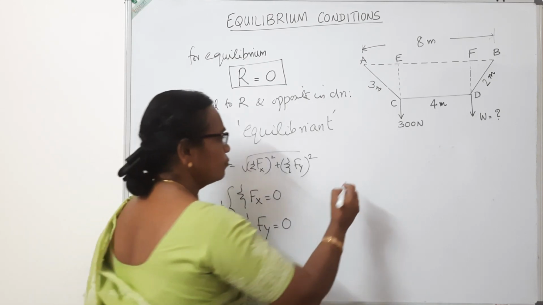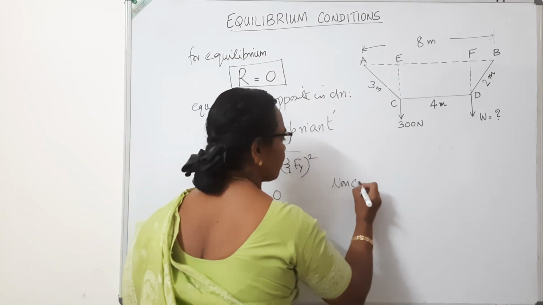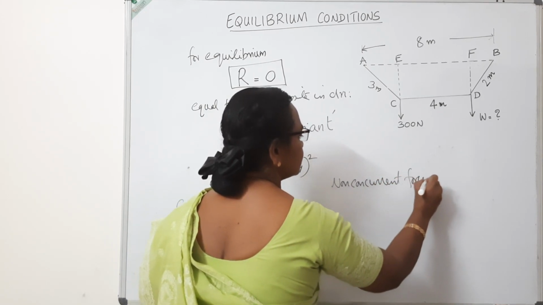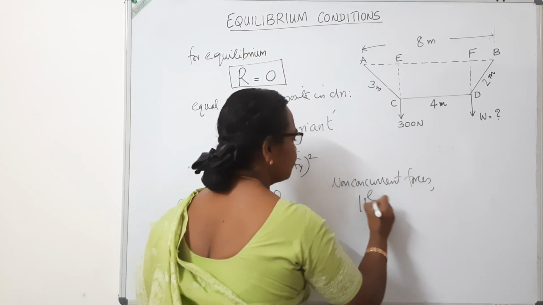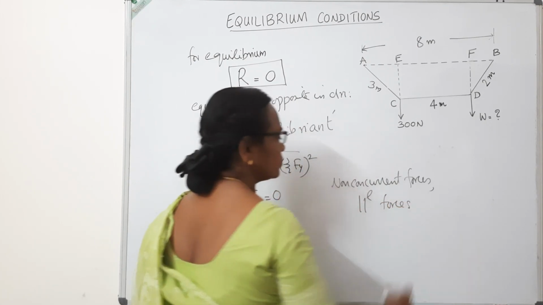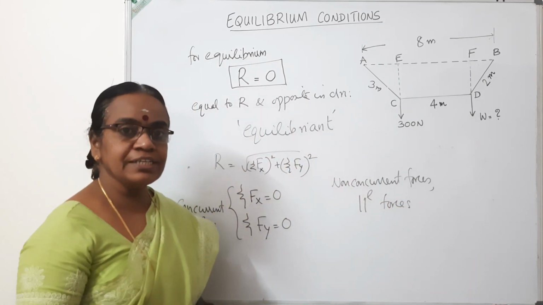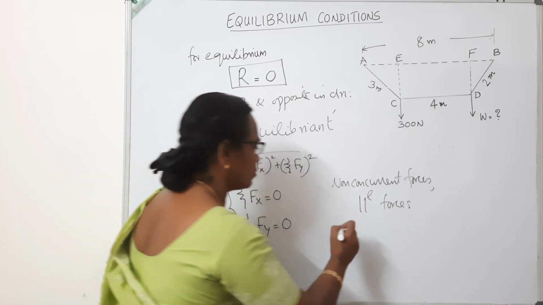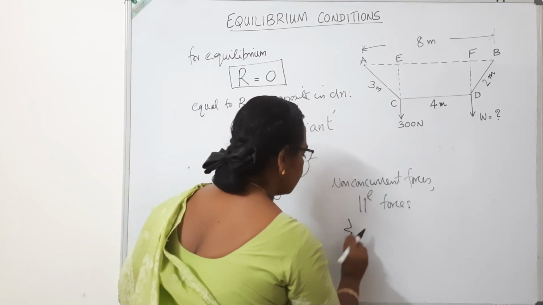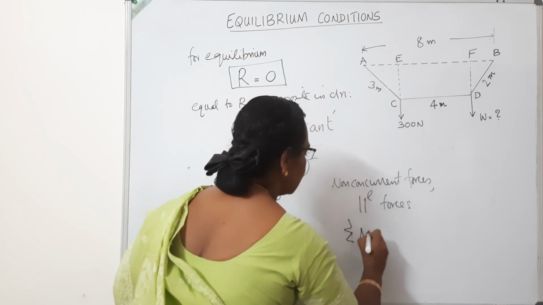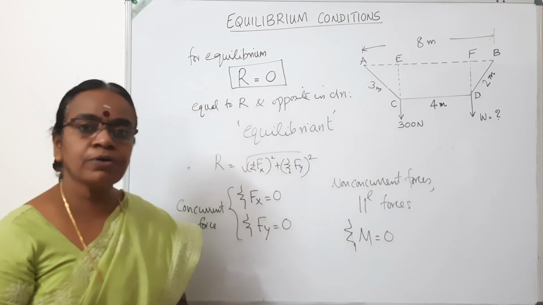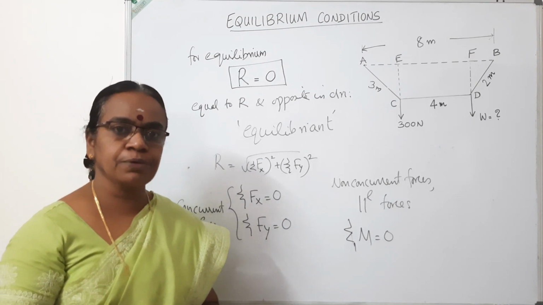But for non-concurrent forces as well as parallel force system, we have one more condition in addition to this. Sigma Fx is equal to 0, sigma Fy is equal to 0, and one more condition is sigma M, the sum of the moments of all the forces about any point in the plane, should also be equal to 0.